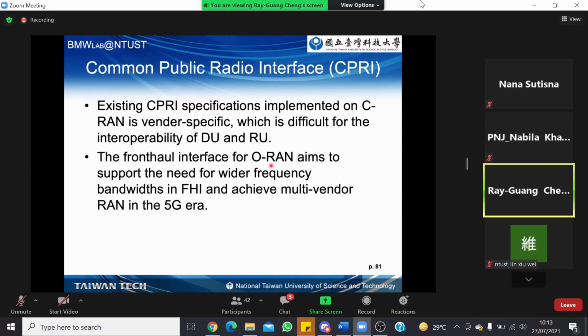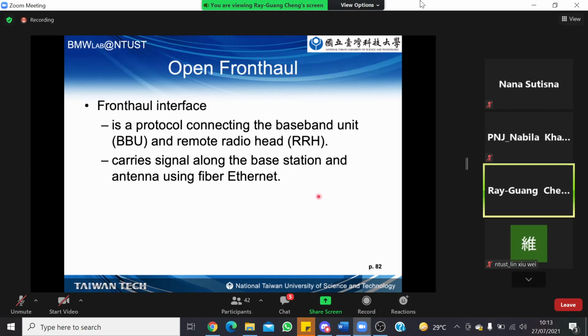The Fronthaul interface defined by ORAN wants to support open Fronthaul. The main purpose is to achieve multi-vendor operation interoperability. The Fronthaul interface is a protocol, not a signal processing technique.